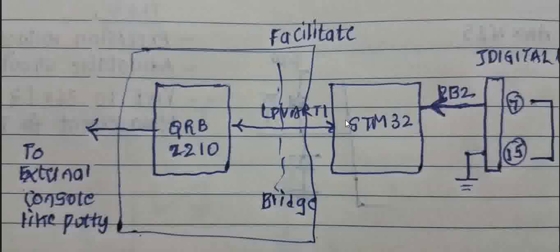In this entire process, the Linux section, the Qualcomm chip, just acts as a facilitator. The data passes through. We'll not be using any bridge functions. We'll be using the monitor object here. So let us go to the code.